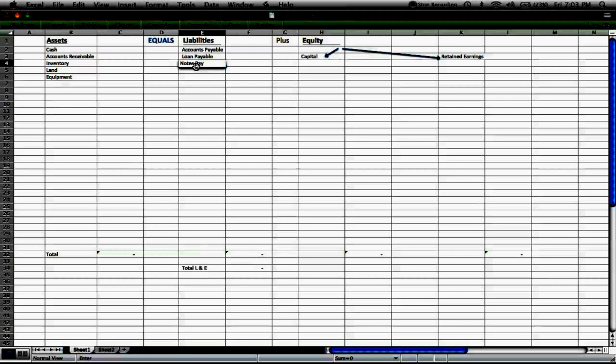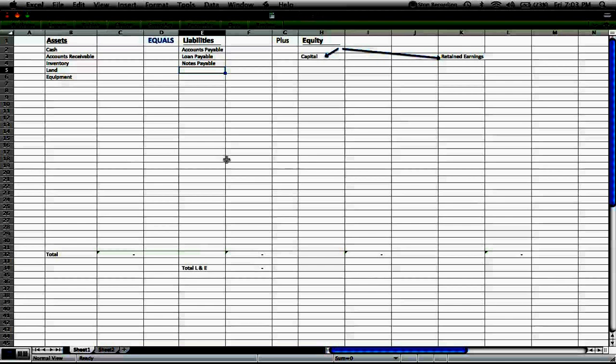It's called a notes payable because you sign a piece of paper, a note, that you owe money. And there are all sorts of different types of payables. There's wages payable, salaries payable. There's also sales tax payable, income tax payable, all sorts of different payables. But let's stick with that for now.